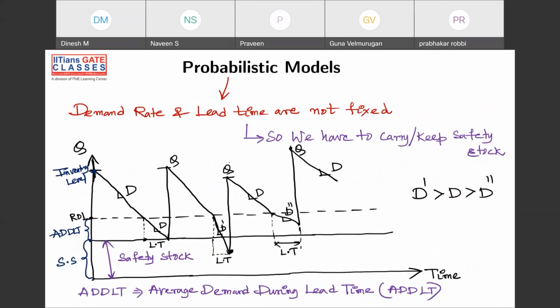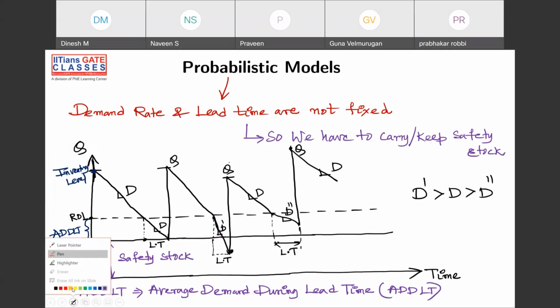So obviously, if you look at the cycle, in the cycle the lead time is changing and the demand rate is changing. Demand is suddenly changing, and lead time is going to shortage. During the shortage there is already a buffer, the safety stock, and the quantity from the safety stock is taken. This is where the safety stock has been utilized.